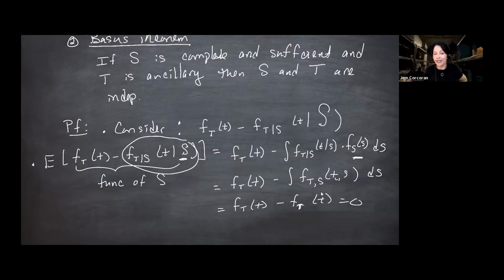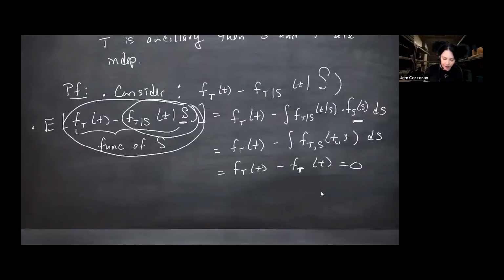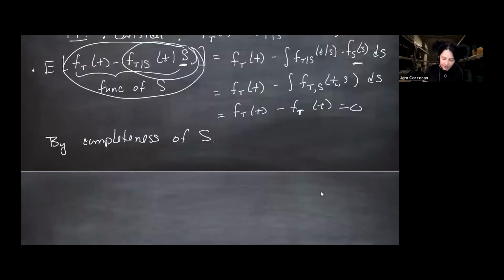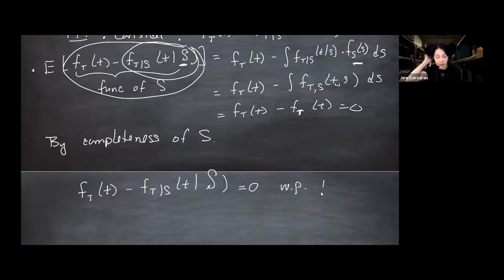And I want to use completeness because what I have here is a function of s whose expected value is 0. So by completeness of s, we have to have this function, f_T(t) minus f_{T|S}(t given capital S), equals 0 with probability 1.